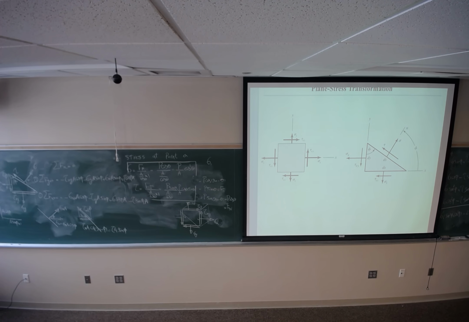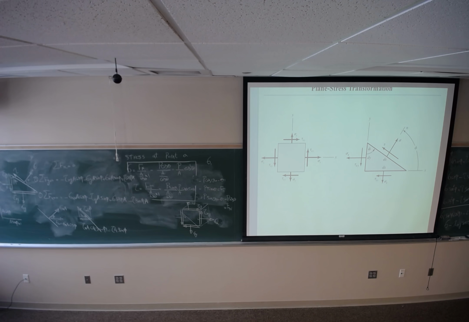I just add them up. Sine square plus cosine square is going to be 1. So sigma minus 2 times sine of phi cosine of phi. It's sine of 2 phi. We know that. So this is going to be negative tau xy sine of 2 phi.